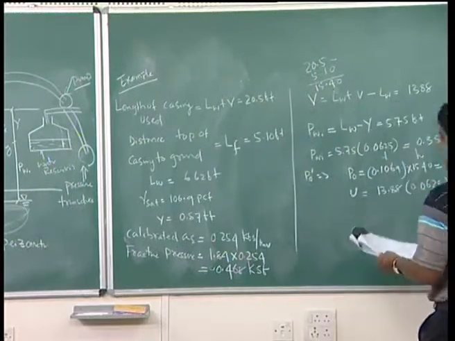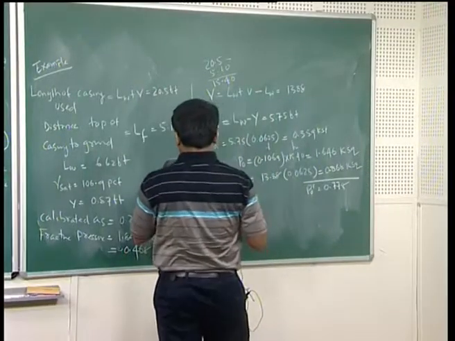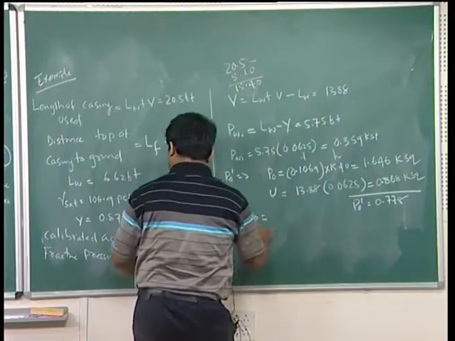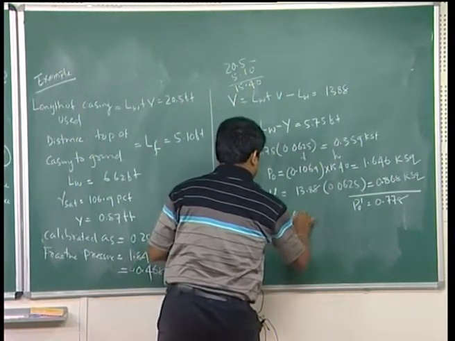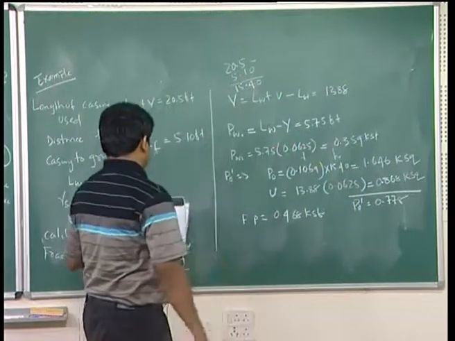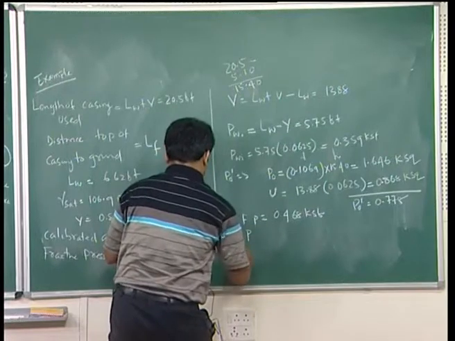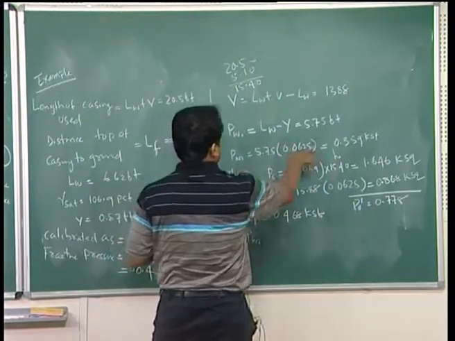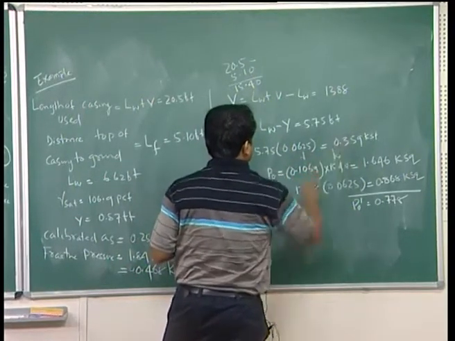Now, with this fracture pressure, so your fracture pressure is given 0.468 kips per square feet, and the water pressure, this is your fracture pressure, this is your water pressure.